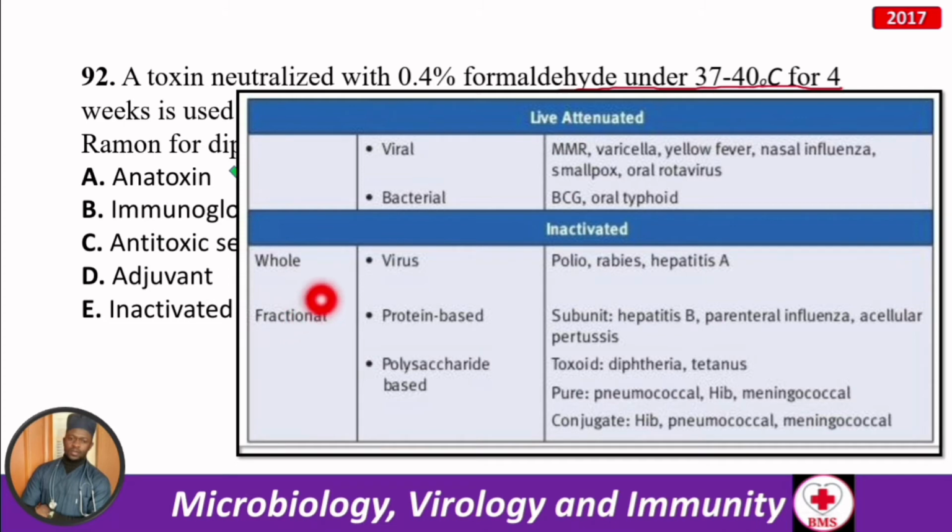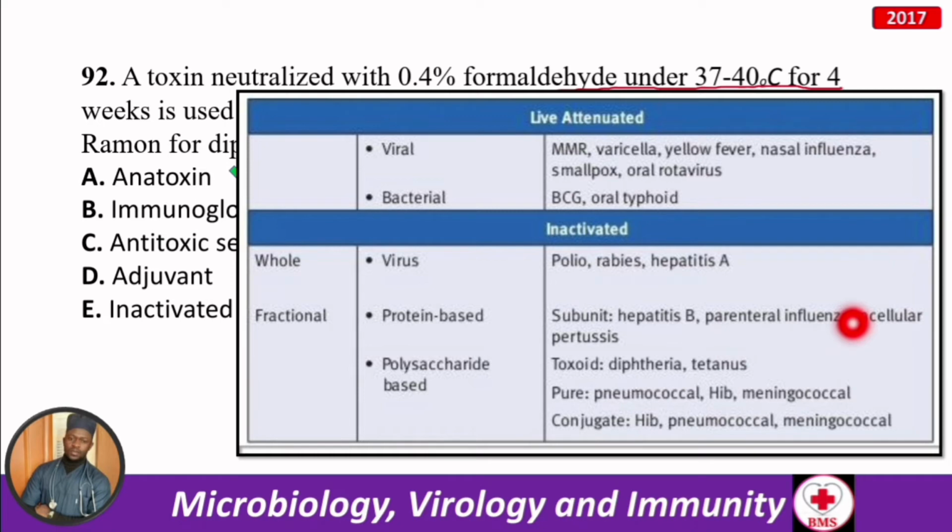Whole are actually what? Virus, thus polio vaccine, rabies, and hepatitis A. Fractional can either be protein based or polysaccharide based. Protein based include the subunits: hepatitis B, parenteral influenza, acellular pertussis.